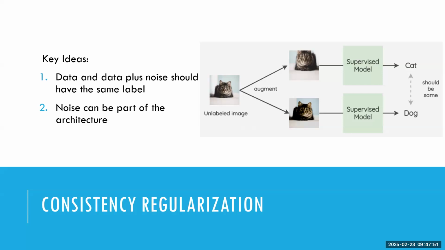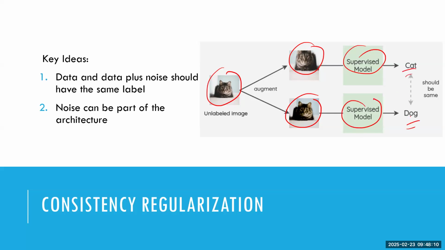The noise should not have an impact on the label. So if you have one image, maybe you flip it, or maybe you change the lighting condition, and when you put it through the model, you should have the same label, basically. Okay, so that is the key idea.